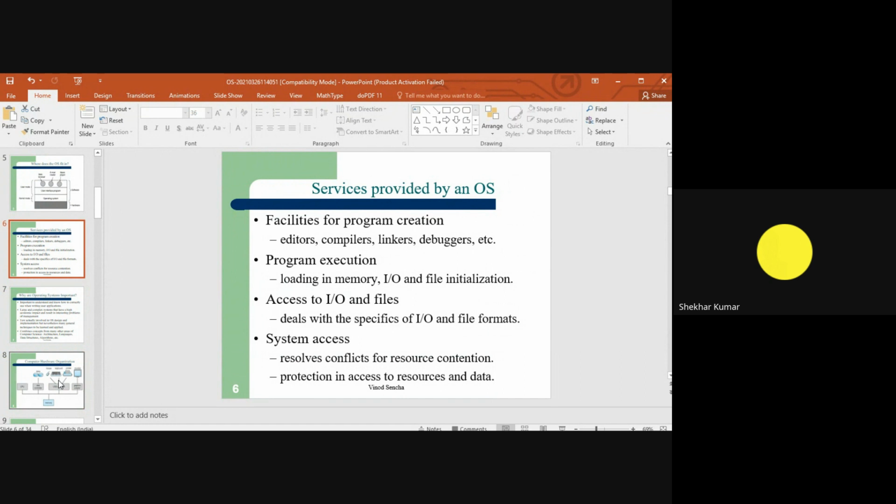This is another function of memory management.